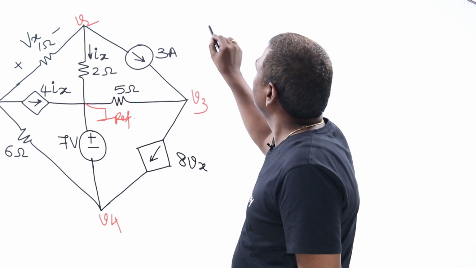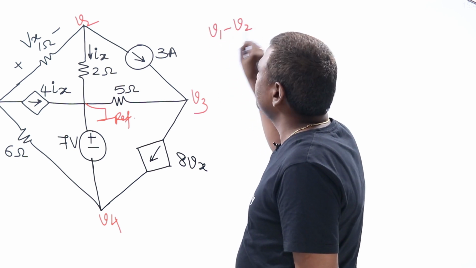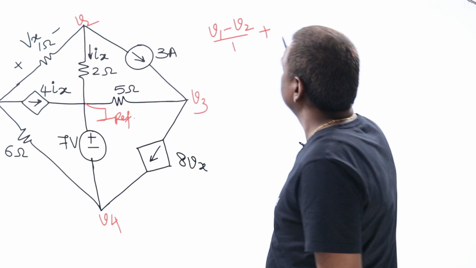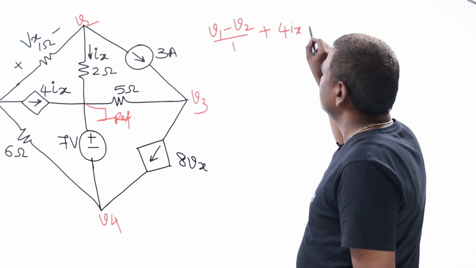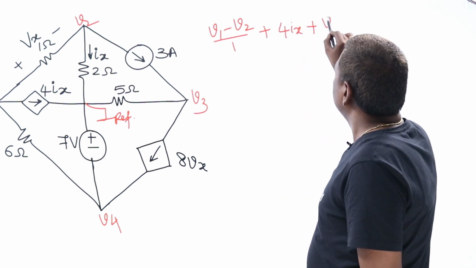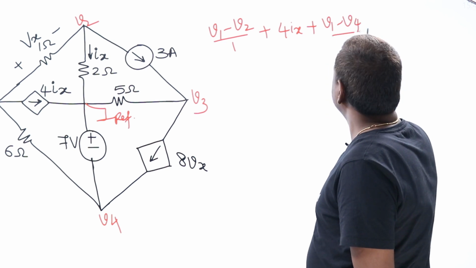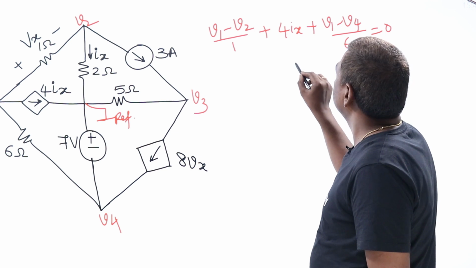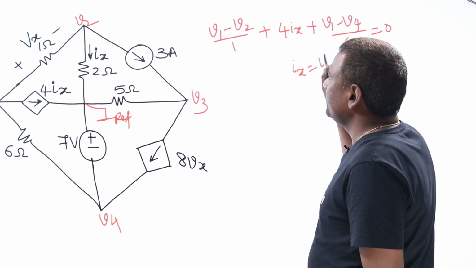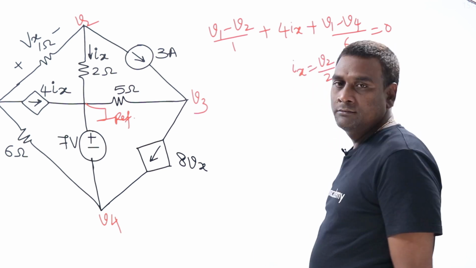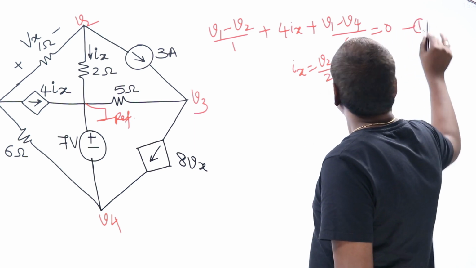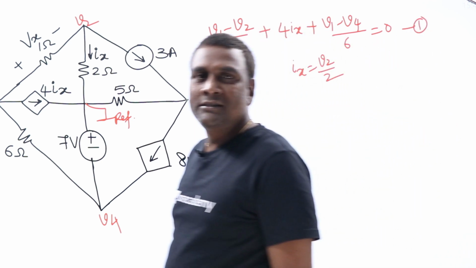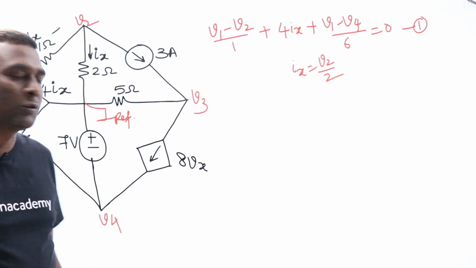That is going to be (V1 minus V2)/1 plus 4Ix plus (V1 minus V4)/6 equal to 0. And what is Ix? Ix equal to V2/2. First equation. Similarly, the second and third equations are the same equations.